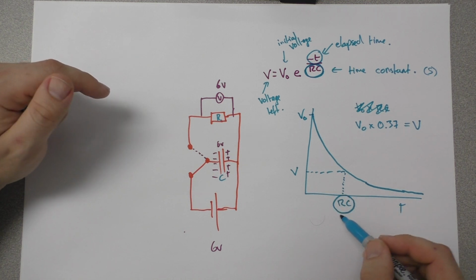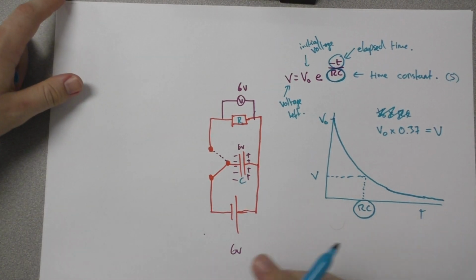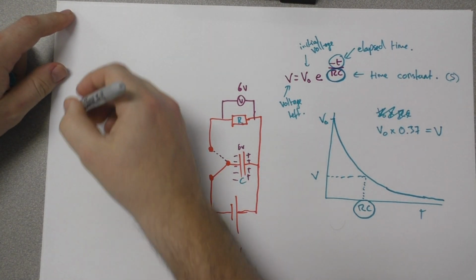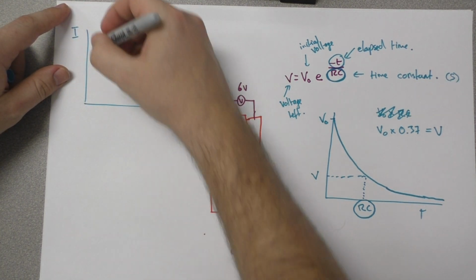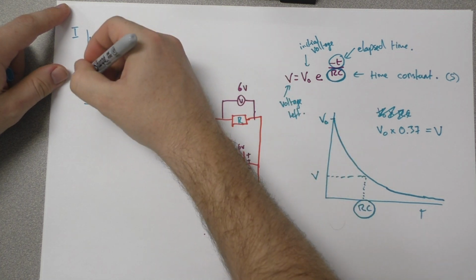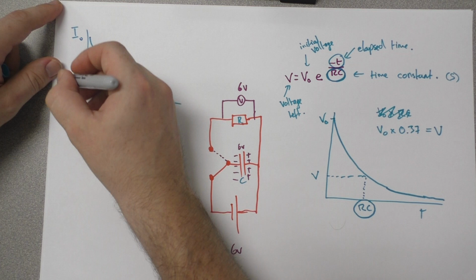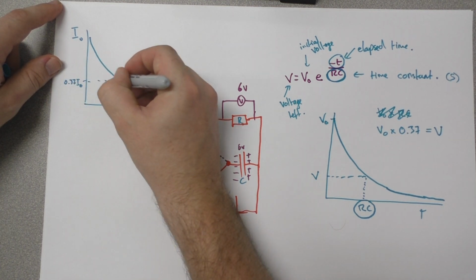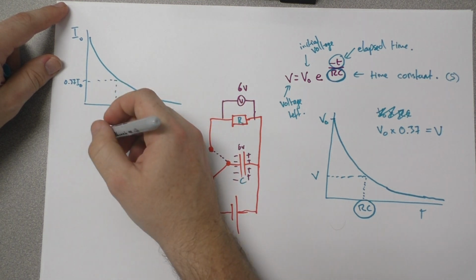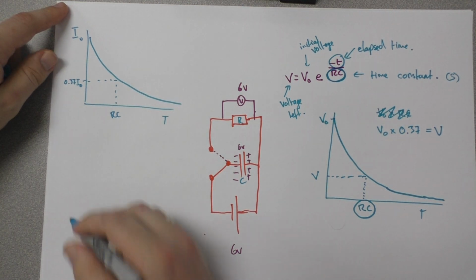So, is it only voltage that does that then? Well, unfortunately no. It also works for two other quantities. It works for current. When I take the current to 0.37 of its original value, so 0.37 I0, go across, go down, that would be RC.